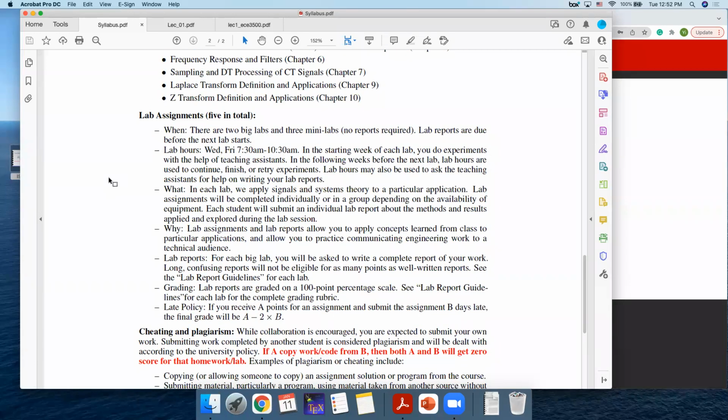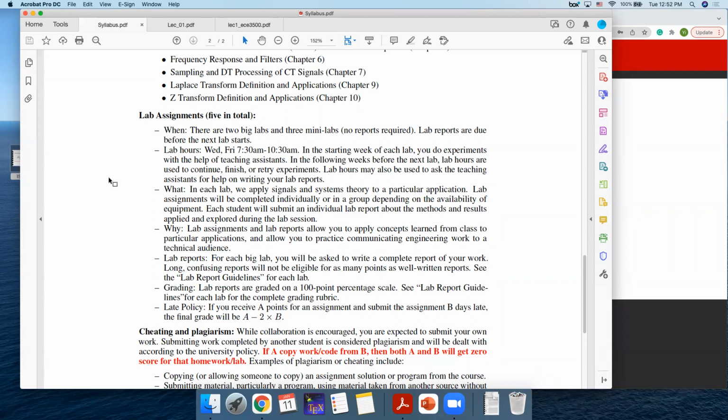And for the labs, because it takes 3 hours, I strongly suggest that you make a good plan. Most of the lab assignments can be completed during the lab session.